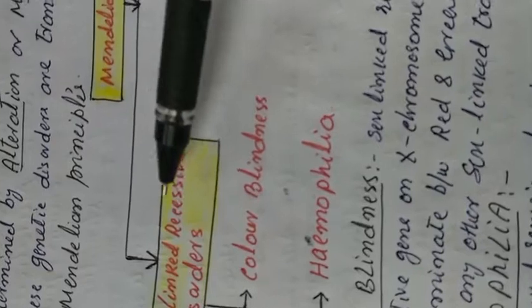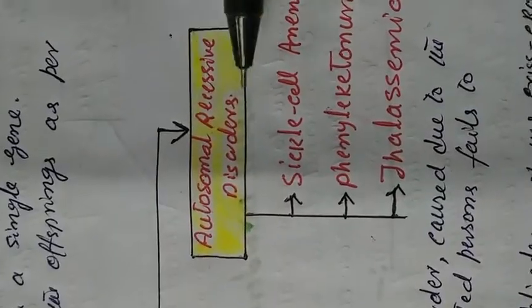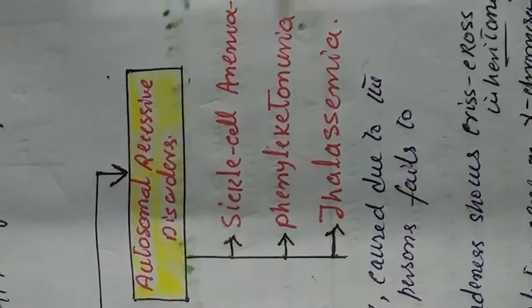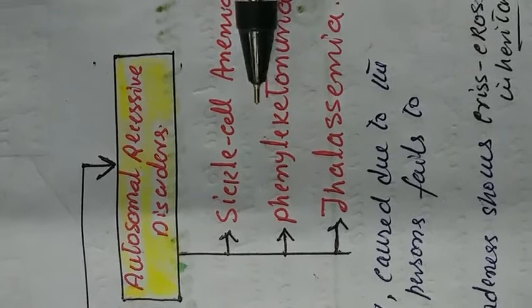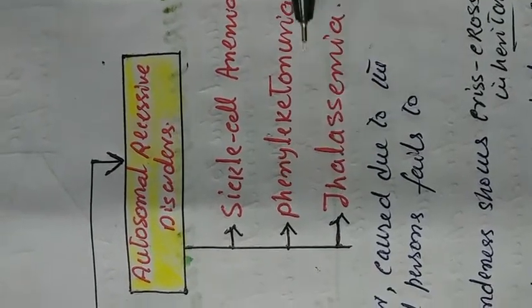Another group of Mendelian disorders is called autosomal recessive disorders. Among these sex-linked recessive disorders, the most common are color blindness and hemophilia. And in case of autosomal recessive disorders, the most important ones are sickle cell anemia, phenylketonuria, and thalassemia.